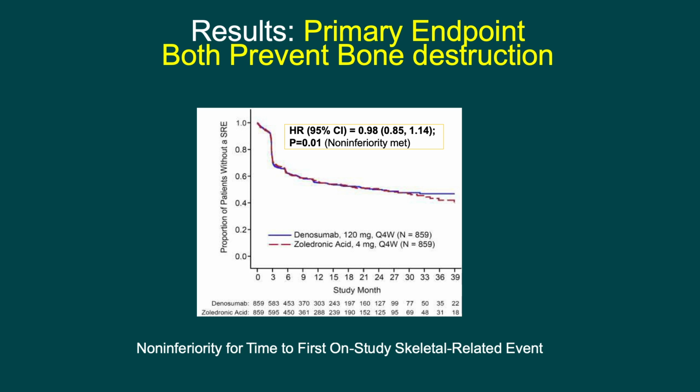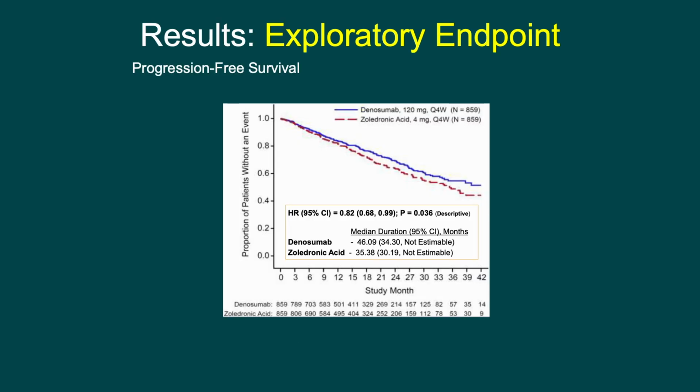So denosumab was not inferior to zoledronic acid, and there's a suggestion that it may improve progression-free survival, and maybe in some further analyses, overall survival. So maybe slightly better than zoledronic acid, and so it finally got approved for treating patients with multiple myeloma.